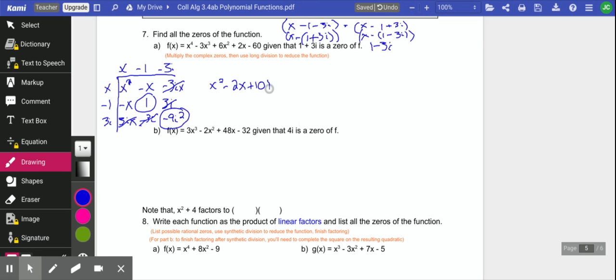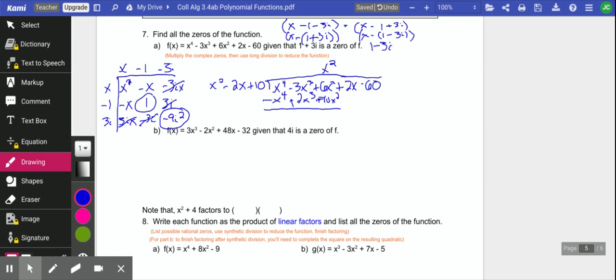So we're going to take that and divide it into the original, x to the 4th minus 3x cubed plus 6x squared plus 2x minus 60. And we're just going to do our long division here. So I'm going to need an x squared on top. That gives me x to the 4th minus 2x cubed plus 10x squared. Draw the line and change the signs.